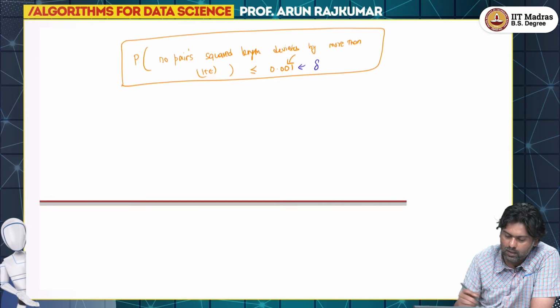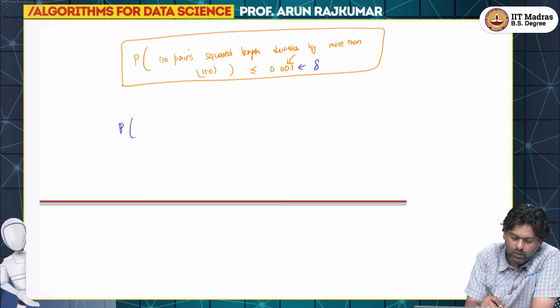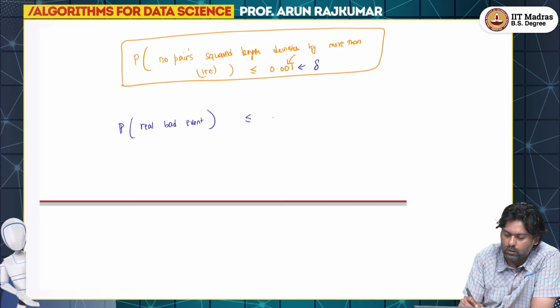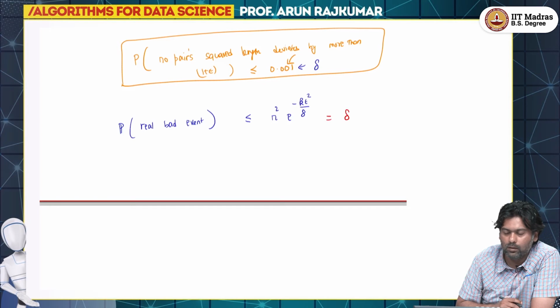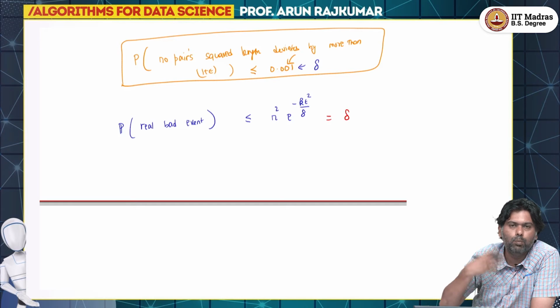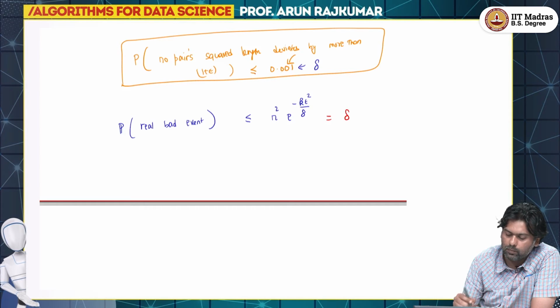So, what we have proved so far is the probability of the real bad event is at most n squared e to the minus k epsilon squared by 8, and then we want to say that this is at most delta, where delta is whatever value that I as an implementer of this algorithm am going to pick, right.